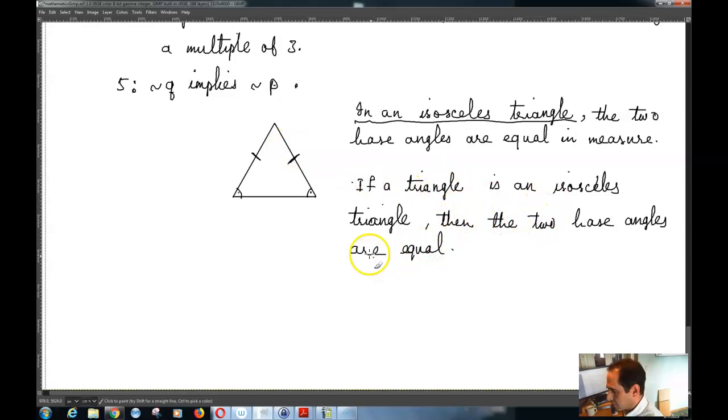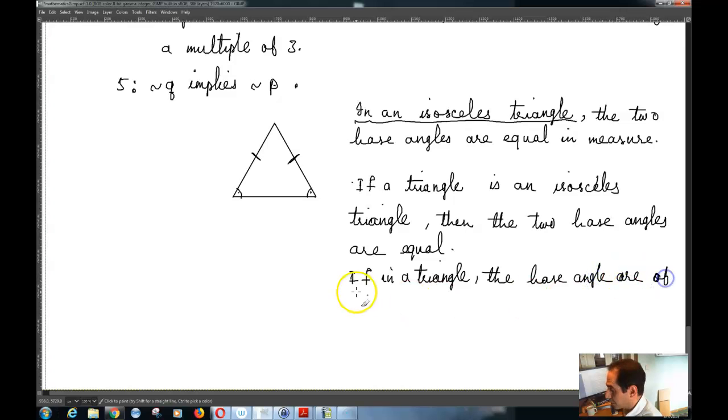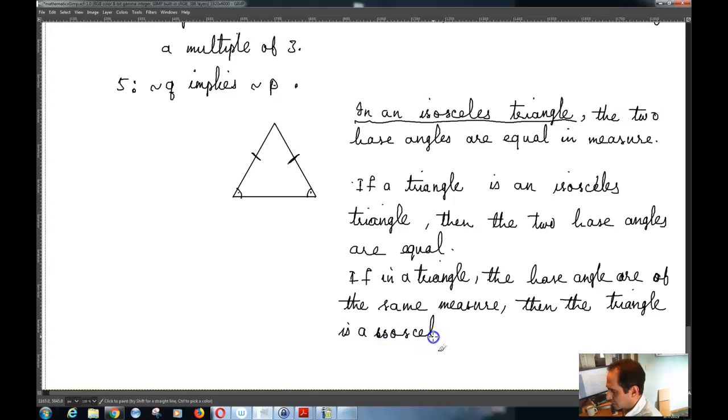Then you can say that if in a triangle the base angles are of the same measure, then the triangle is an isosceles triangle.